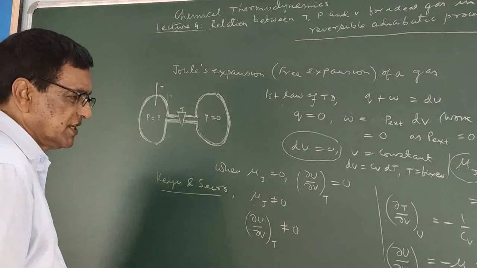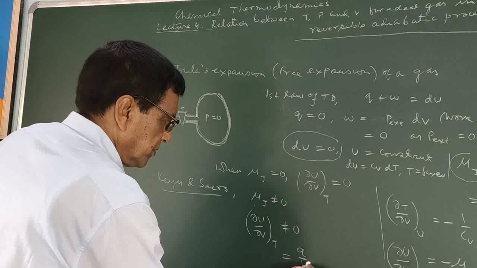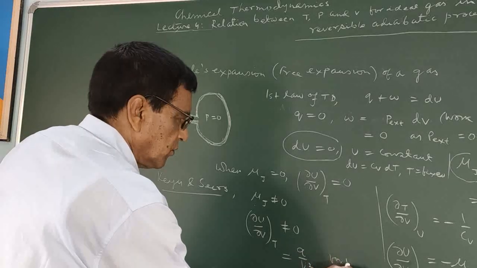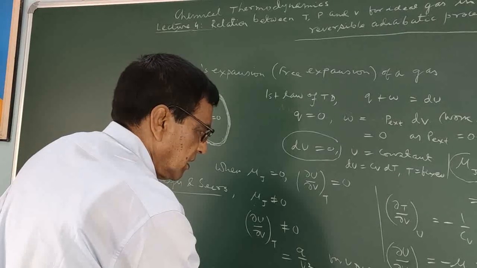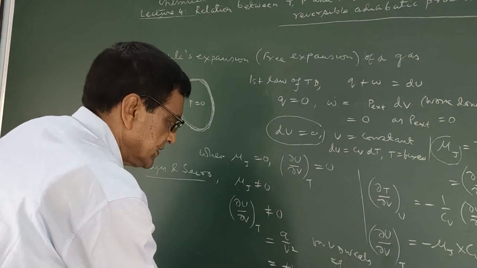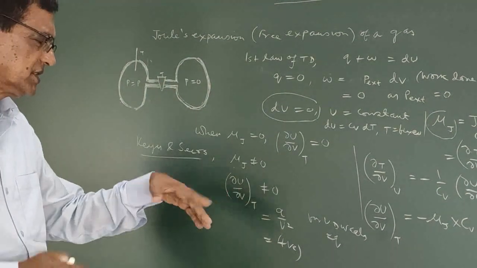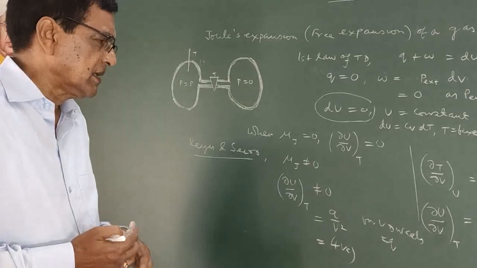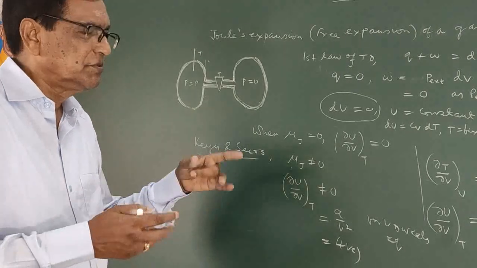And if we consider the van der Waals equation, then it will be a by V square, which is positive. What does it mean? In isothermal expansion of a van der Waals gas, there will be an increase in internal energy of the system.